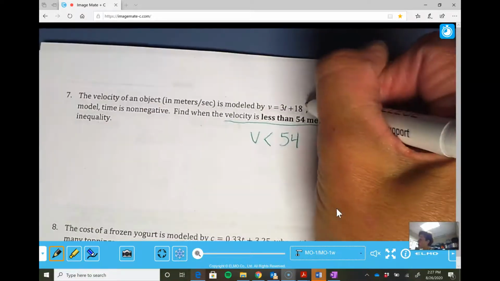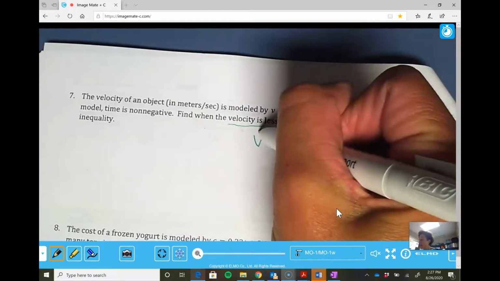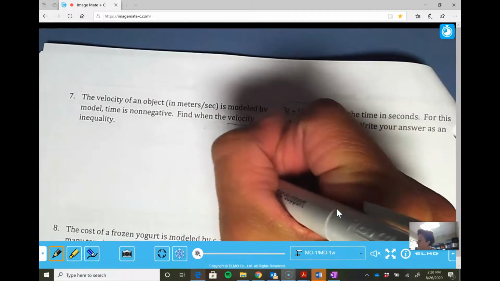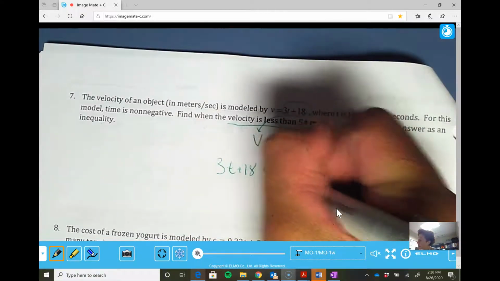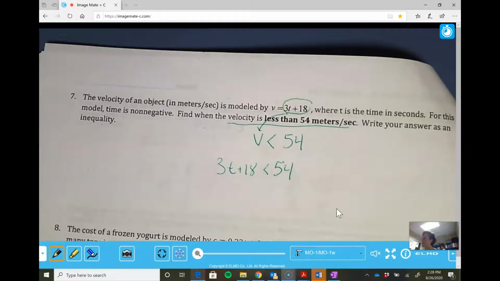Well, this time we're going to substitute 3t plus 18 in for v because it is v. So I'm just going to rewrite it, and now I'm going to solve. And remember, your answer is non-negative, so you got to make sure that you keep it between your solution and 0 because it's not going to get any smaller than 0.